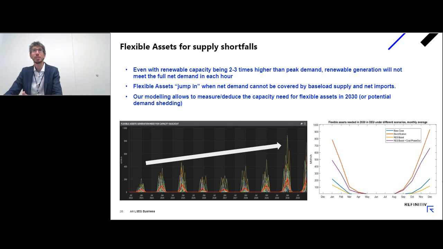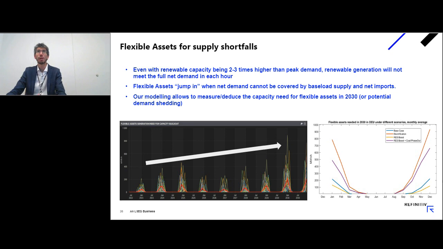And so for this reason, we get this concept of flexible asset, which in this model, on purpose, we have decided not to qualify. So flexible asset can be new gas peakers, can be batteries, obviously, can be hydrogen, can be different kinds of measures that meet the net demand, where the net demand cannot be covered by otherwise base load supply or net imports.